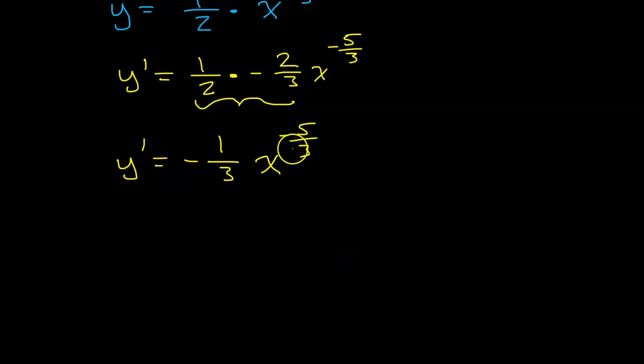I can't leave my answer with a negative power, so I'm going to go ahead and drop this down into the denominator and make it positive. So this will be y prime is equal to negative 1/3, but this x to the negative 5/3 power will now be joining into the denominator, and it'll be x to the 5/3 power. I think I'm going to need a little bit more room.